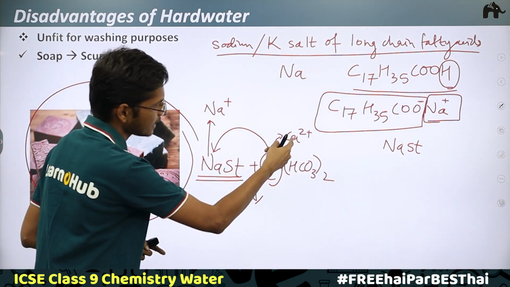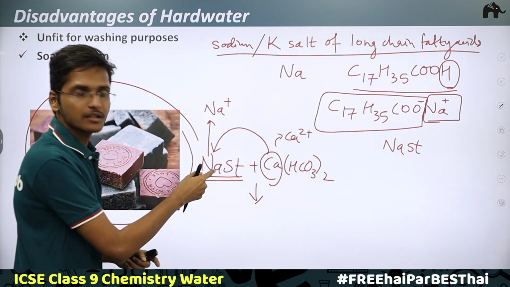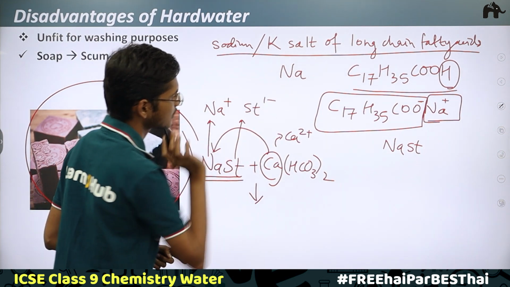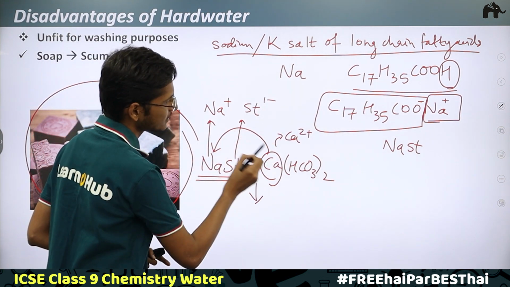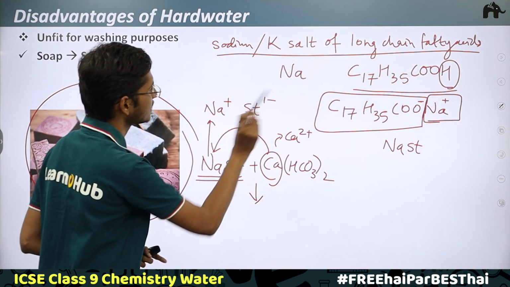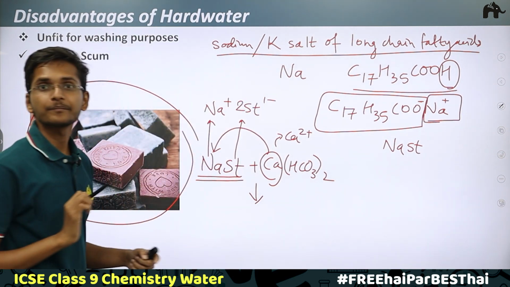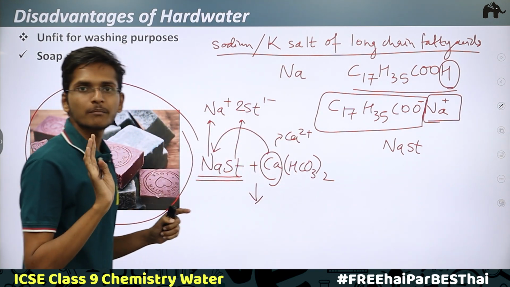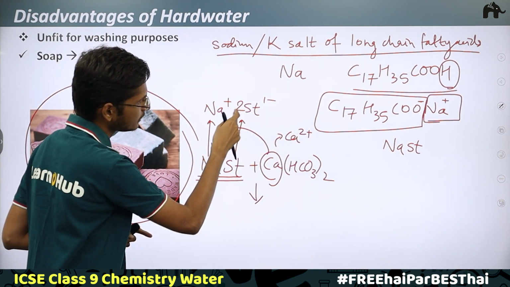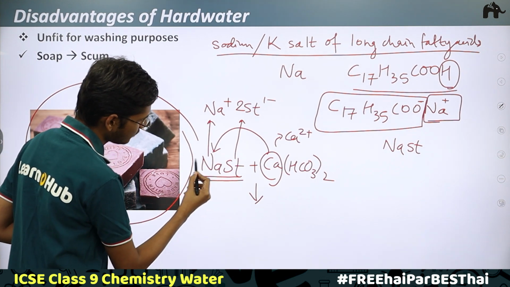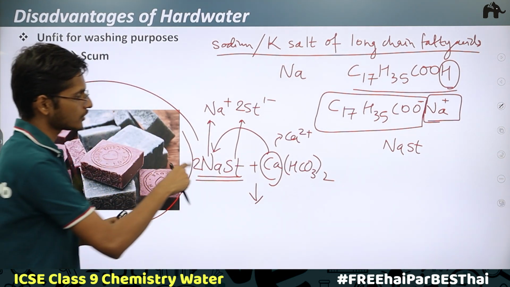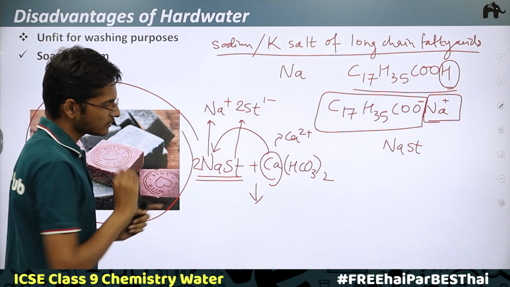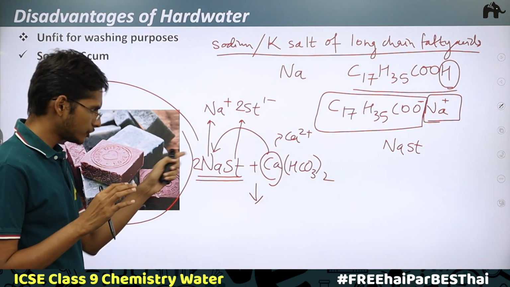Fine. So if our calcium wants to combine with this stearate, because stearate also has 1 minus, correct? So 2 plus charges are there with calcium, here only 1 minus, so we need 2 stearate, correct? So 2 minus and 2 plus would combine, so that's the reason. Now here we need 2 stearate, so I would just write 2 in this reaction. So 2 stearate. So we also need to take sodium.